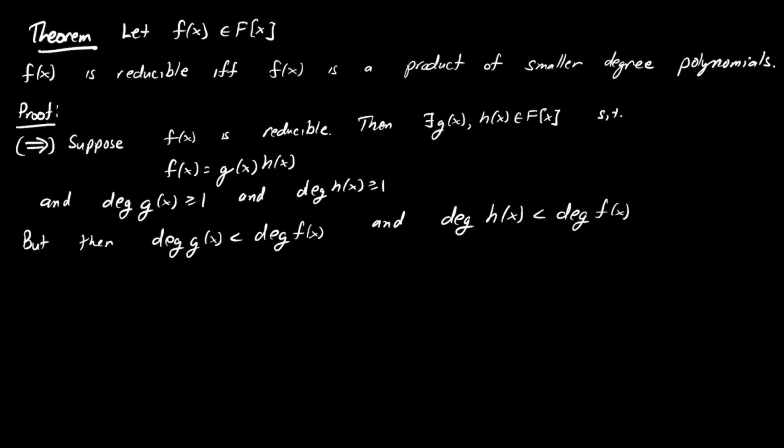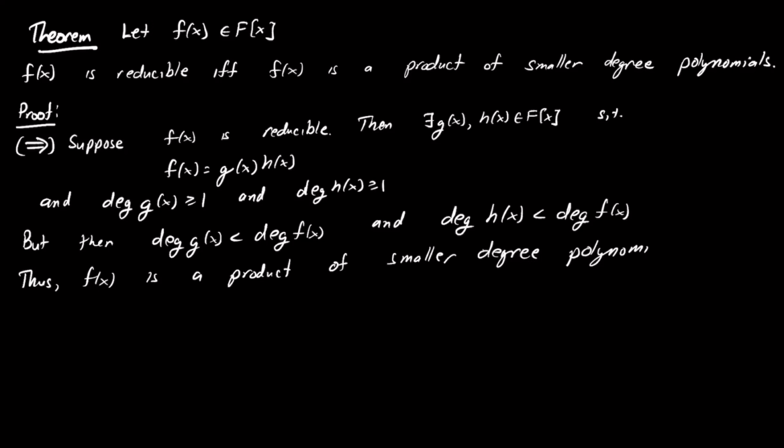If any of them equal the degree of f of x, then the degree on the right-hand side here is larger than the degree on the left-hand side, and we get a contradiction. So thus, f of x is a product of 2 smaller degree polynomials. Okay, so that takes care of our forward direction. Not too bad.